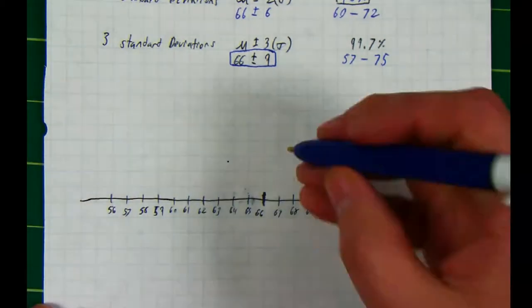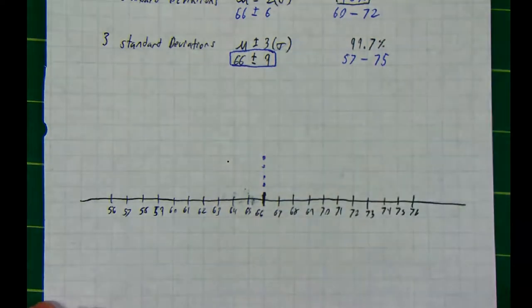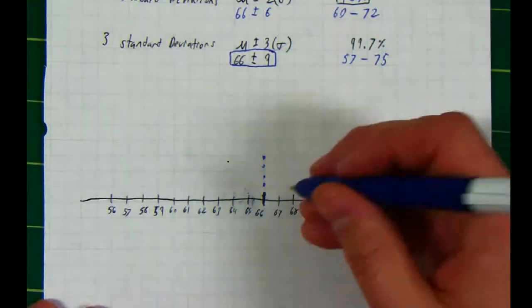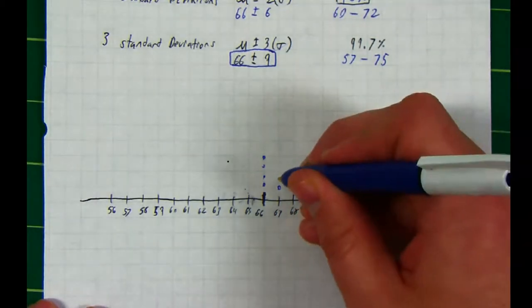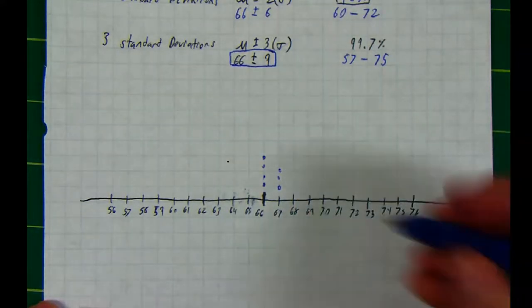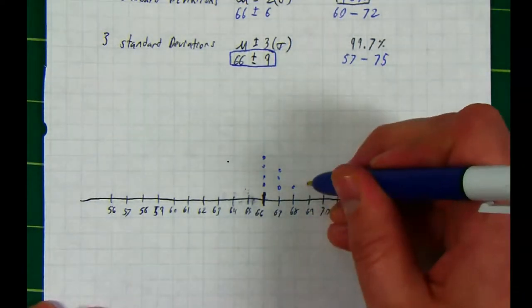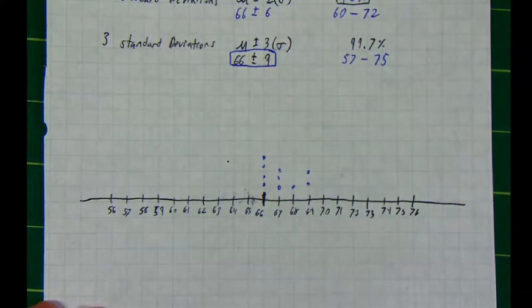At 66, I would like you to draw yourselves 4 data values. Let's say I measured 20 random kids, 20 people in here, and I got 4 people at exactly 5'6". Let's say I got three people at 67, 1 person at 68, 2 people at 69, 1 person at 70.